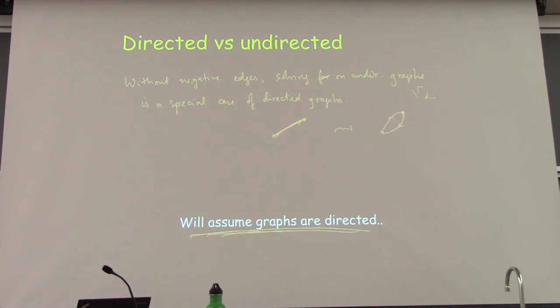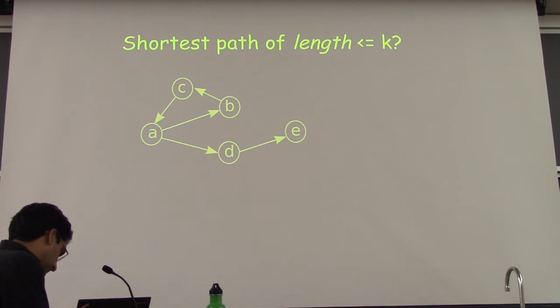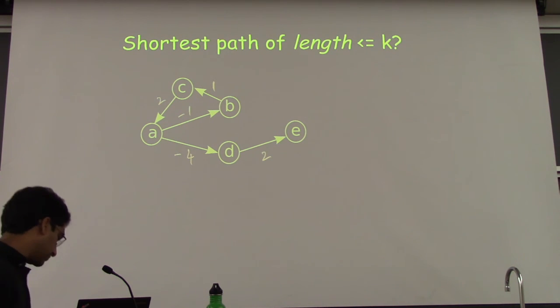So now let's say you have a directed graph and it has potentially some negative edges. So you have this graph, it has edges 1, 2, -1, -4, 2.